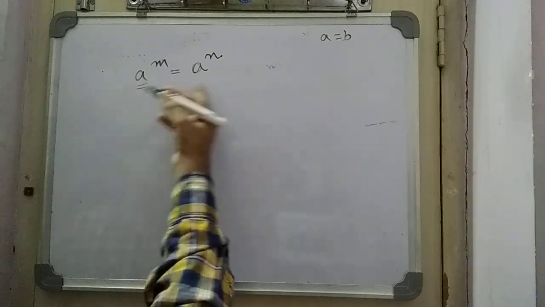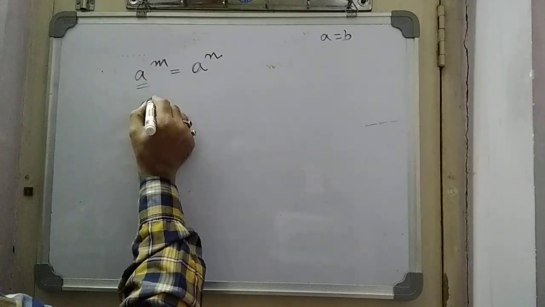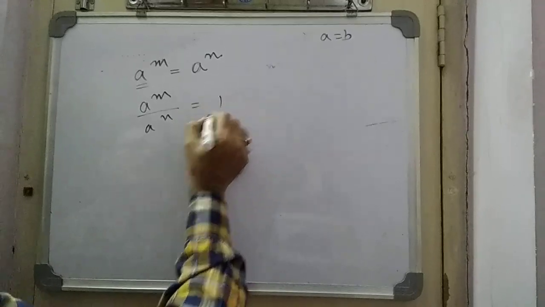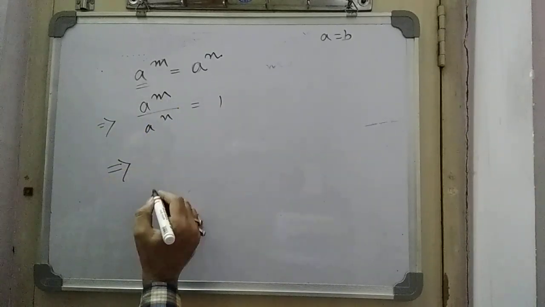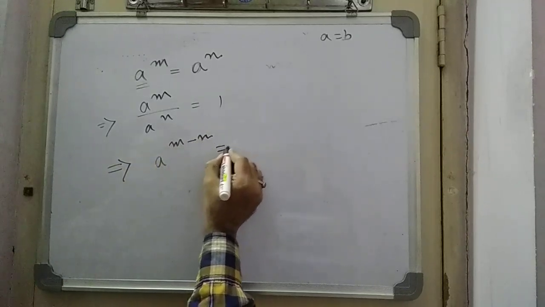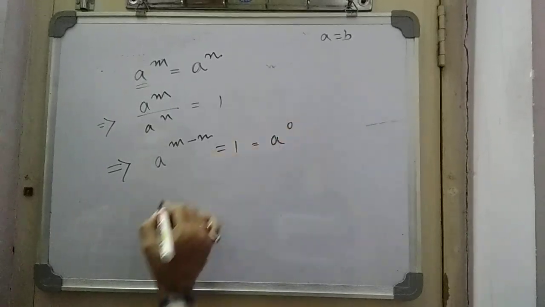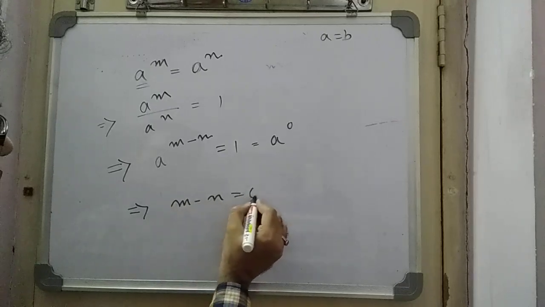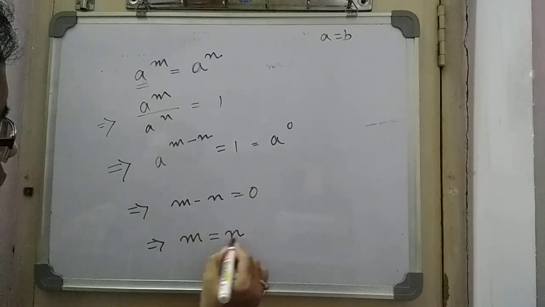So what can we conclude from here? a to the power m by a to the power n equal to 1. From laws of indices we know that the powers will be subtracted. Again we can write it as a to the power 0. So m minus n comes to be 0, implies m equal to n.